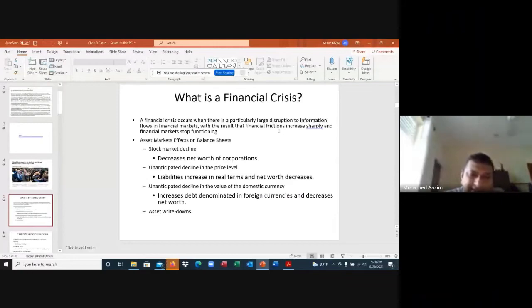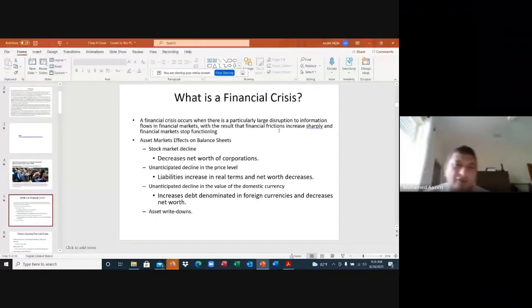So maintaining those assets in your books becomes a costly affair. So you have to write them down to clear the balance sheets. So the balance sheets of all these financial intermediaries and other businesses are actually heading south, declining in net worth with all these developments.